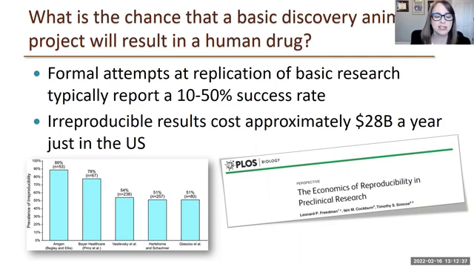But not only is this an issue of replication, but reproducibility has a large economic cost to our ability to bring drugs to market. There was a paper featured here that illustrates that approximately $28 billion a year in the United States can be credited to issues with reproducibility. That is the cost of reproducibility in the United States, which is a pretty substantial amount of money.